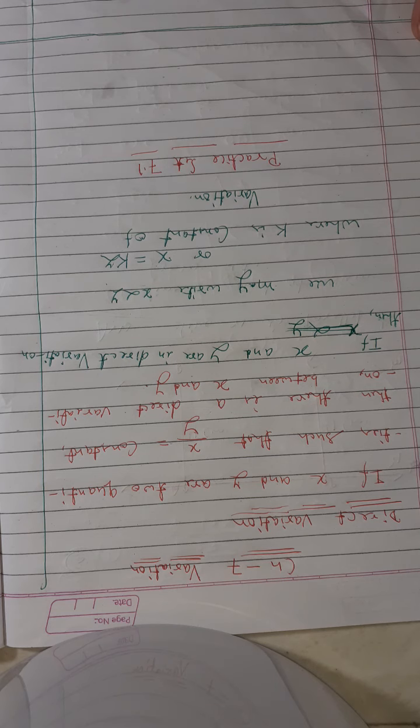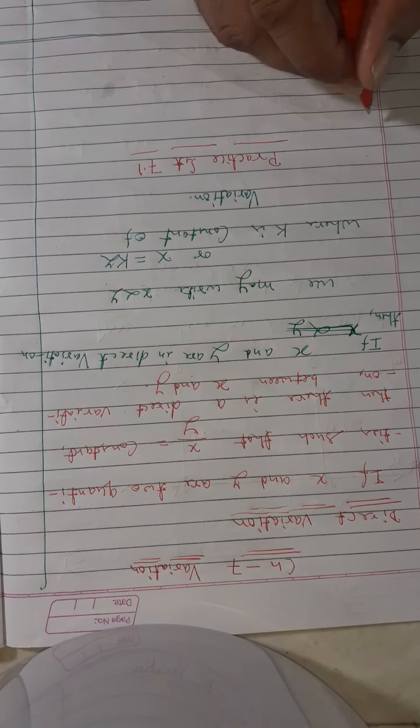First is: circumference C of a circle is directly proportional to its radius R. So this is written in sentence form. You have to complete it in the mathematical form.